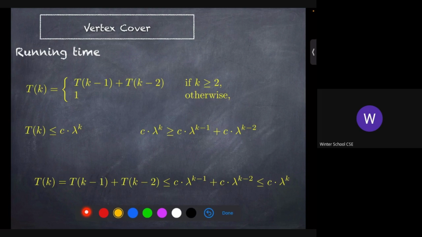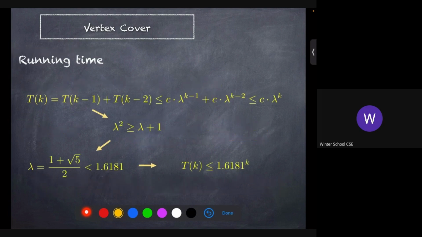So I will rewrite this as this inequality, right? And I divide by alpha to the k minus 2. So I receive the following inequality, and this means that my alpha should satisfy alpha squared should be at least alpha plus 1.